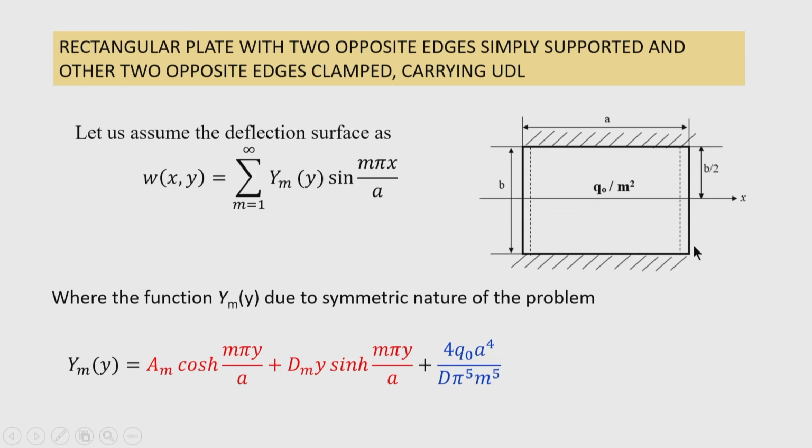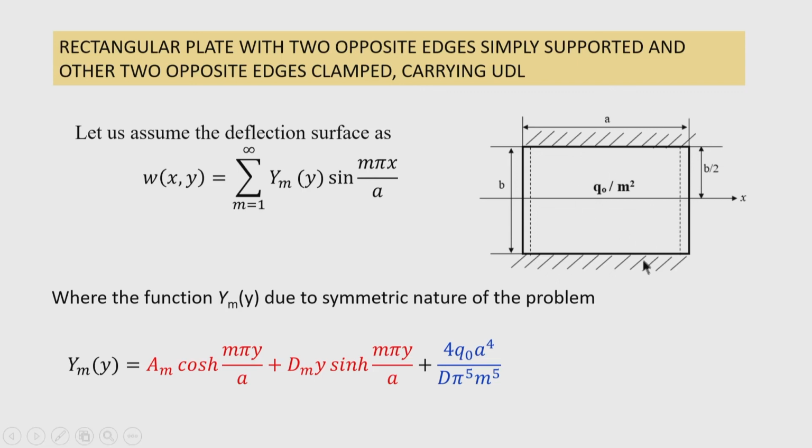If the positive direction of the y axis is upward here, then this edge is specified as y is equal to minus b by 2, and this is the edge specified with y is equal to plus b by 2. So, at both edges, y is equal to plus or minus b by 2, the boundary condition is the same.